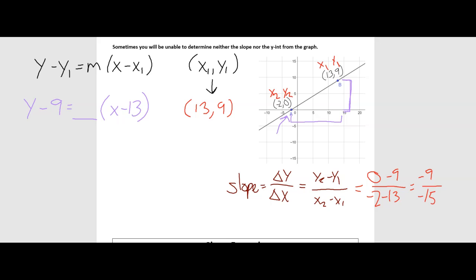Because I have a negative divided by a negative, that's going to be a positive. So this is equal to positive 9 over 15. We could actually simplify this. 9 over 15, we could divide both of those numbers by 3. So I would get 3 over 5. So 3/5 is the slope that I'm going to use up here.